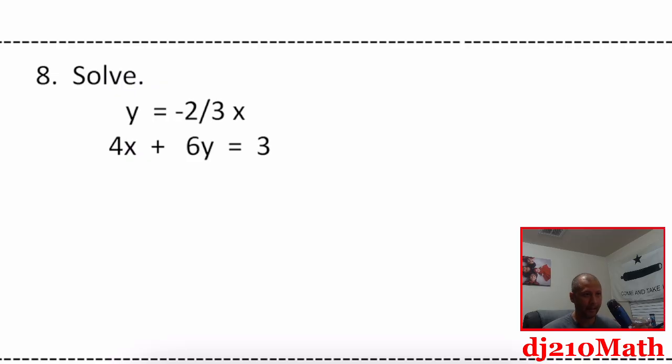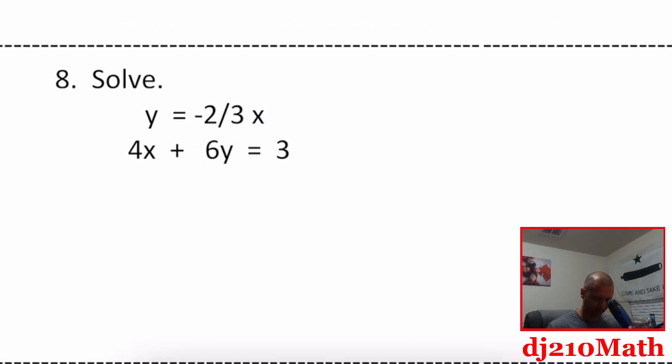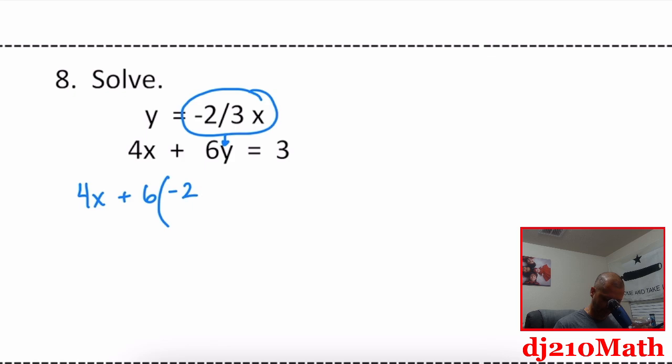Okay, 8. All right, the y is isolated. The variable is isolated, so I'm going to substitute, right? Substitution method. So all of this is going into y. So 4x plus 6 times -2/3 is equal to 3.